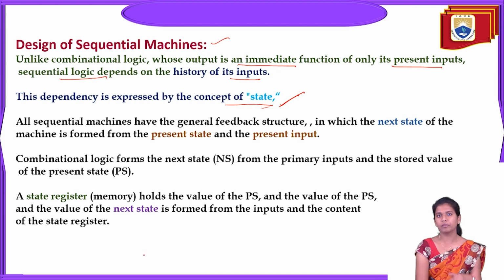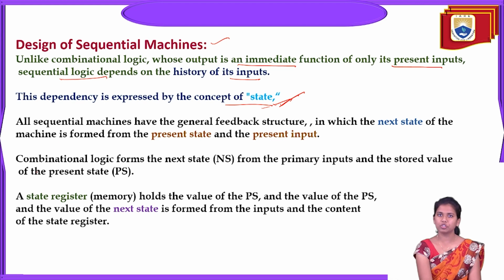In the coming slides or classes, we will discuss what a state is, what a state machine is, what state transition machines are, and how state transitions occur from one state to another. It depends upon the present state and the past input values, so it can all be seen under the state.